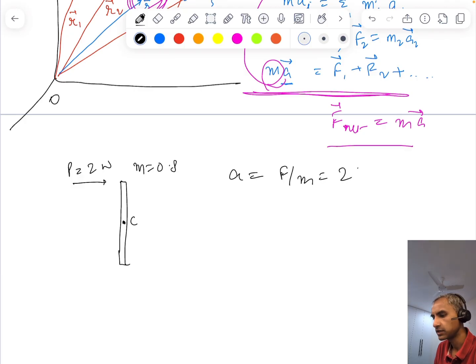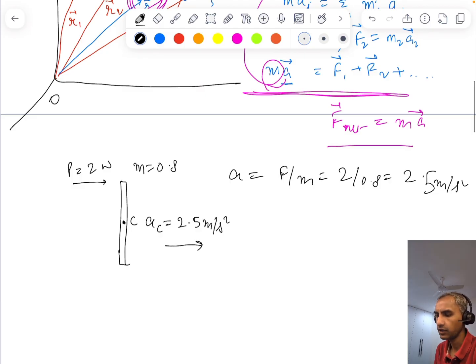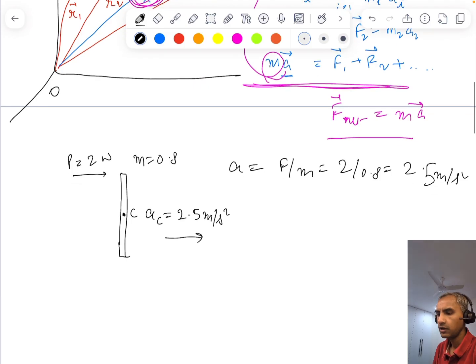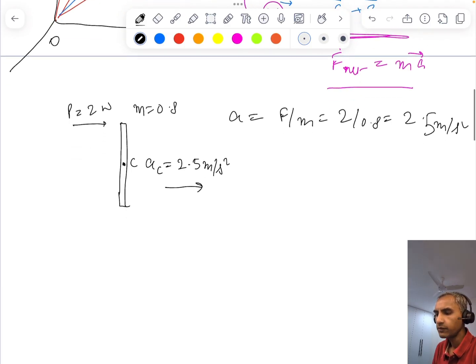Quite simply that's 2 by 0.8 is equal to 2.5 meter per second square. So AC is equal to 2.5 meter per second square in this direction. So now we have been able to get AC from this.